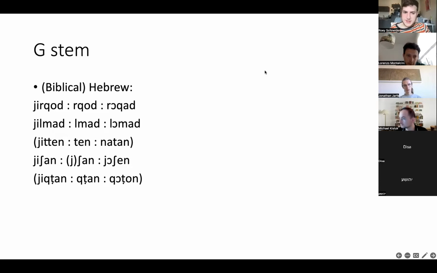All these verbal classes are sometimes connected by scholars to different meanings or meaning groups, but I am usually not convinced by these connections. Some of them can be, but usually when you make a list of one vowel class, it has like, I don't know, 18 different meaning groups.